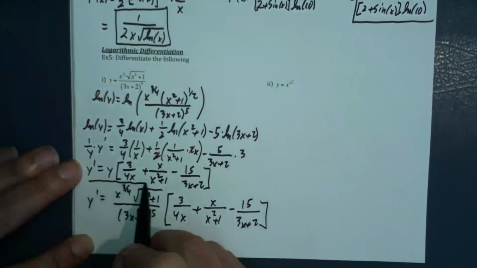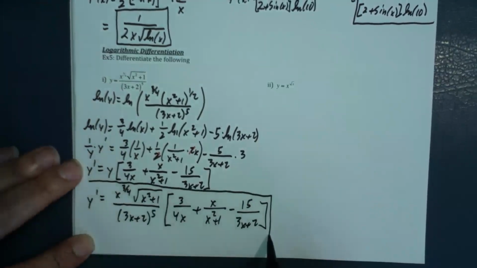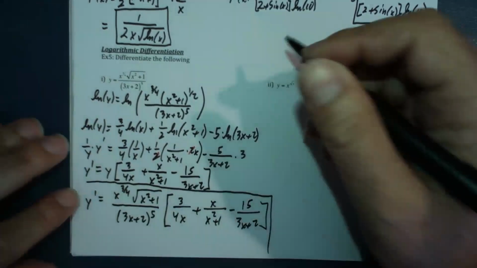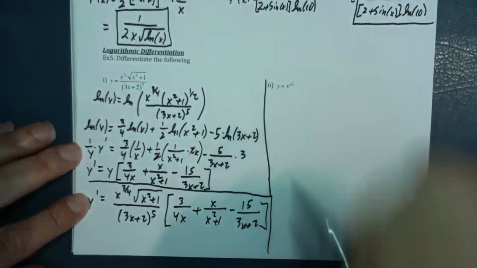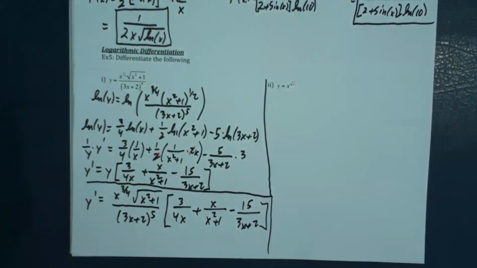And that monstrous beast is your derivative. Let's try to separate that out like that. That's a long one. You got to be really careful with that, especially with all the details that are involved.